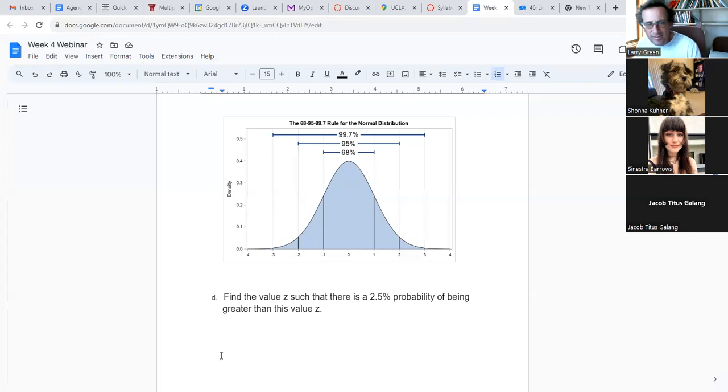So here's the trick. And this is, we've already done something very similar. And that is, if you only have one side, that's not enough to be able to use the empirical rule. We need both sides.